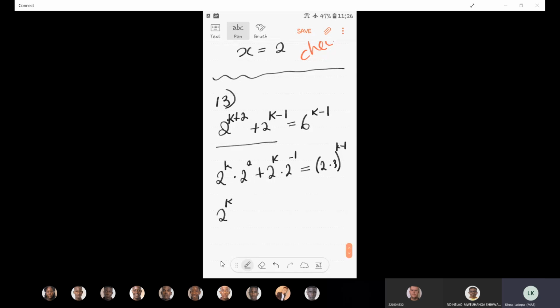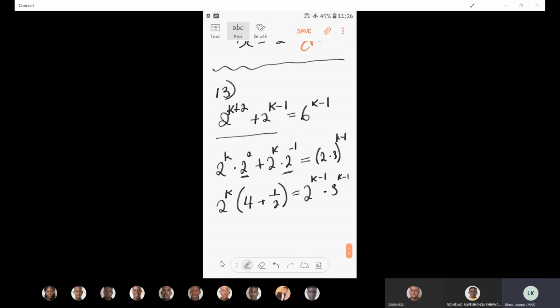So I have 2 to the power of k, then I have 4, it's this 2 squared here, plus half, which is this one over here. And this is equal to 2 to the power of k minus 1 times 3 to the power of k minus 1.